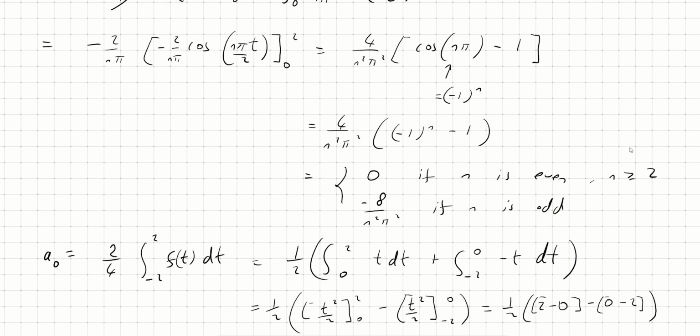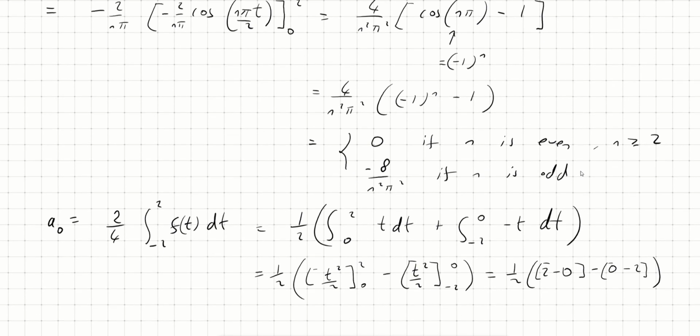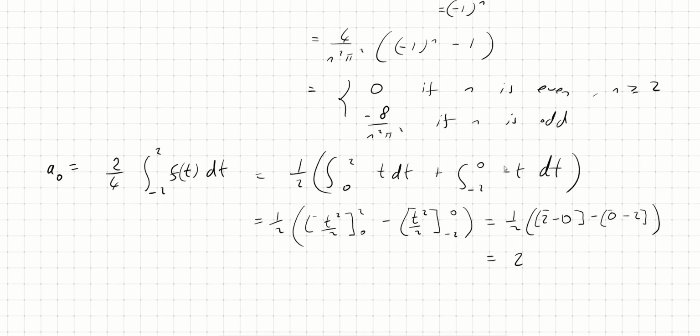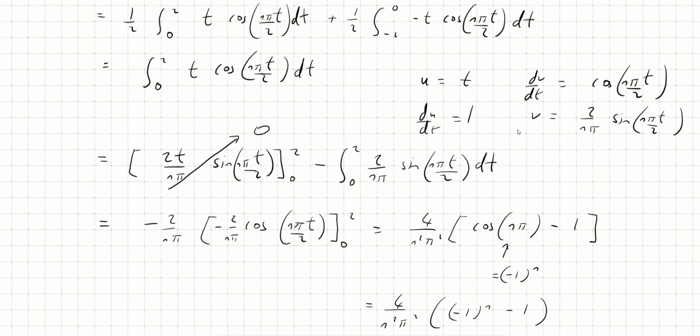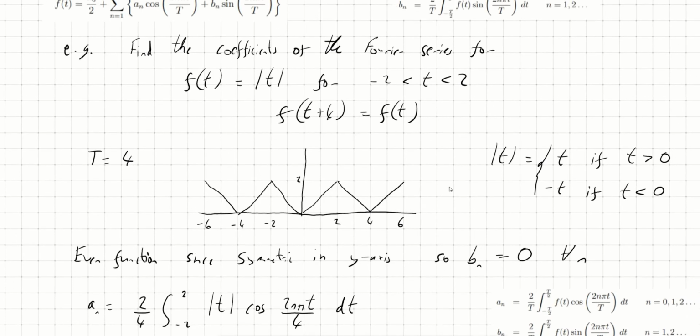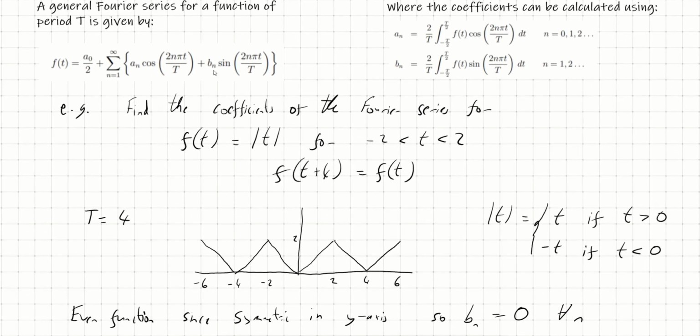So we just need to be quite careful here, but this is a half of 4, which is 2. So a0 equals 2, which means that, remember, if we go back to the top, our function has this a0 over 2 term.